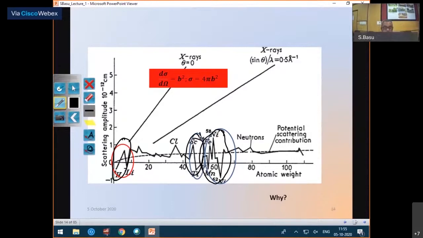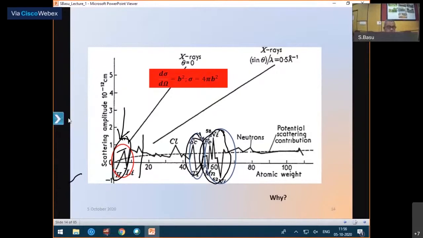Most importantly, the scattering cross section is quite strong in the lower side of the periodic table. We know that using X-rays, you cannot see low Z materials. Actually, almost up to oxygen, you don't see anything using X-rays. Whereas neutrons are scattered by low Z material.